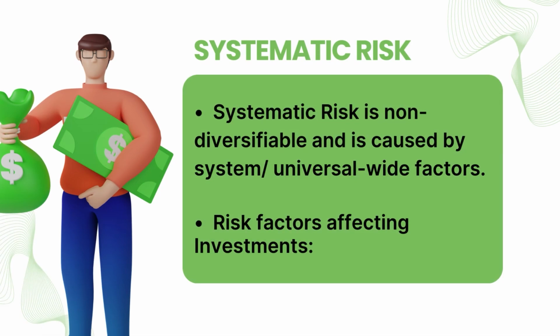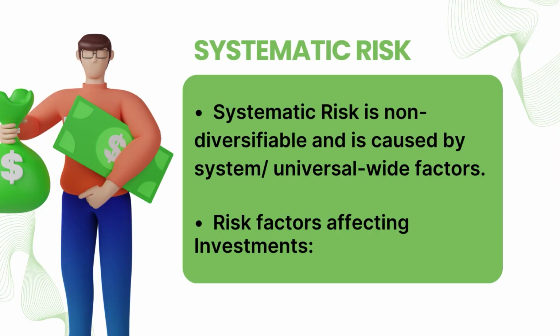Now, let us understand what systematic risk is. Systematic risk means risk resulting from system-wide factors, the factors which affect the complete economy, the whole of the industry. If they are a negative outcome, then definitely it will have a negative impact. If they are a positive outcome, they will have a positive impact on the share prices.